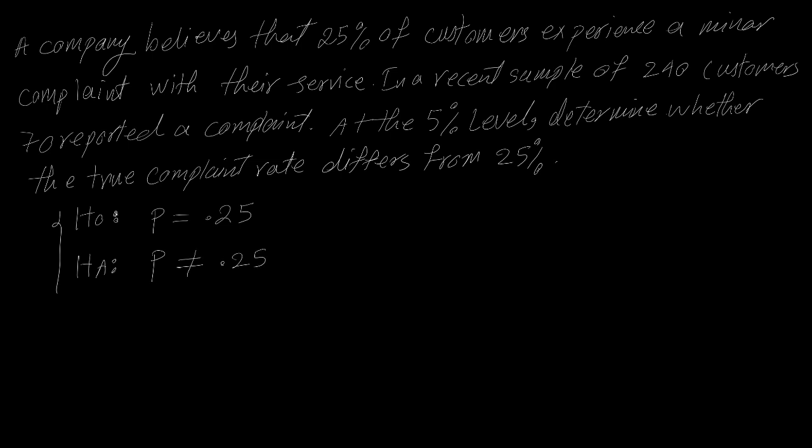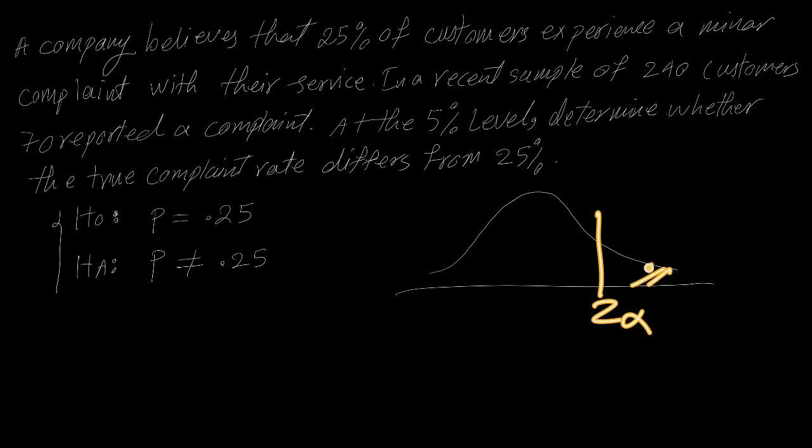Actually, this is a two-sided test. When we have a two-sided test, instead of considering just Z of alpha here and having a rejection area in one direction, we have two rejection areas, and the area in total is alpha.